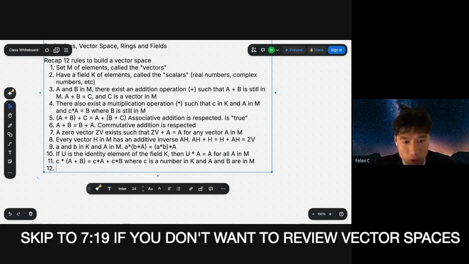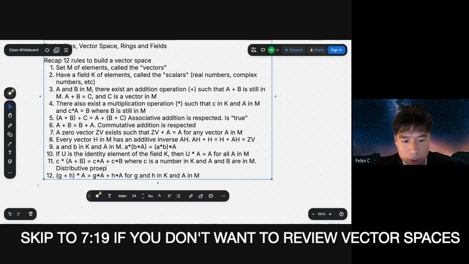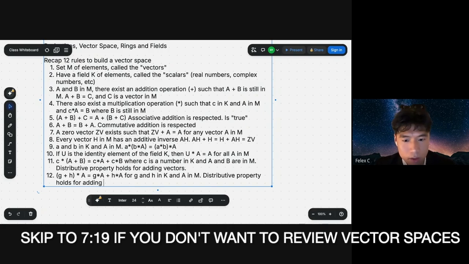Also, G plus H times A is equal to G times A plus H times A, for G and H in K and A in M. So this first one is the distributive property holding for adding vectors, and this one you would say the distributive property holds for adding scalars.